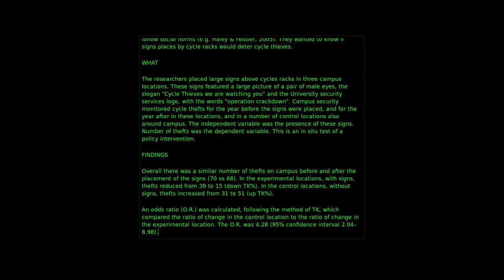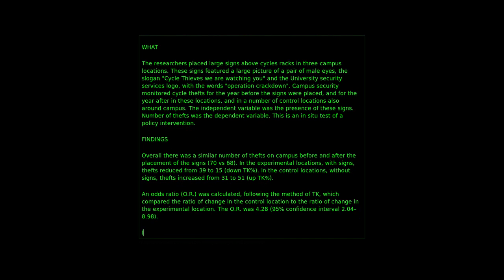Okay, an odds ratio was calculated. The odds ratio was 4.28. The odds ratio was also computed. I'm going to say calculated because I said calculated already. There's no need to use different words. It's just confusing for the reader.